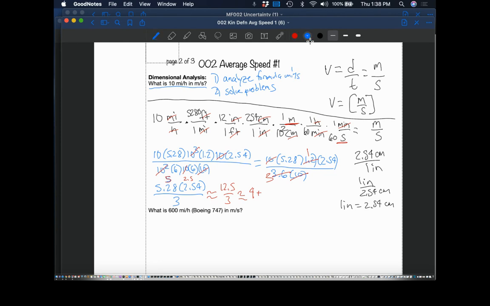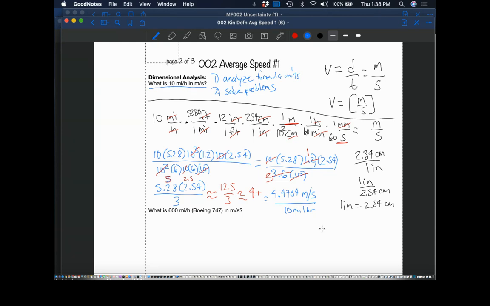And then when I do my mathematics in the calculator, I get 4.4704, excuse me, 4.4704. And the units on that are meters per second, so that's 4.4 meters per second for 10 miles per hour.